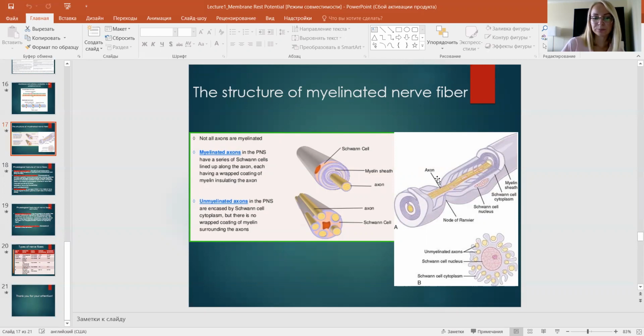The surface of the axon is formed by plasmatic membrane, and its content is axoplasm. The myelin membrane is interrupted at equal spaces. These spaces are called nodes of Ranvier. So in these nodes of Ranvier, there is no myelin sheath. It's like bare zones.